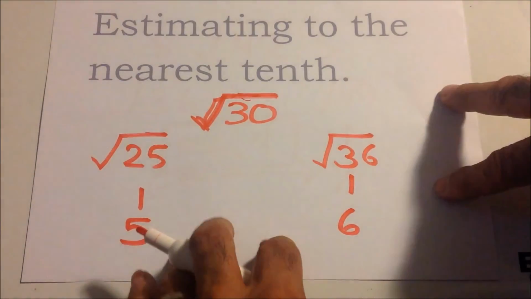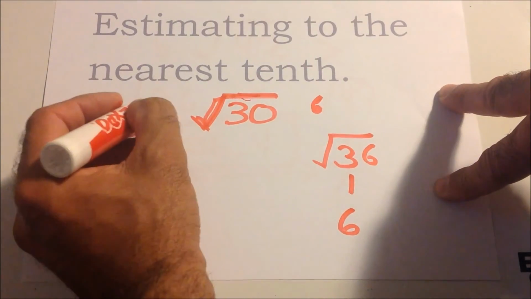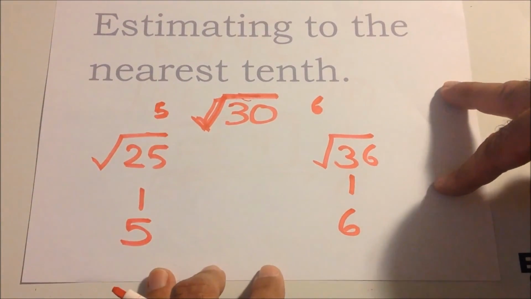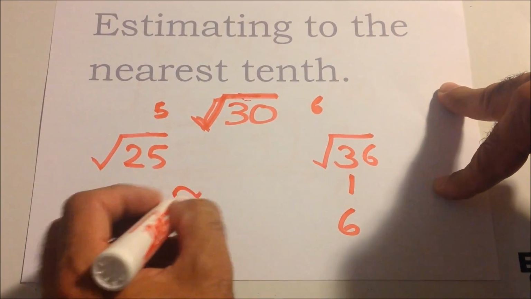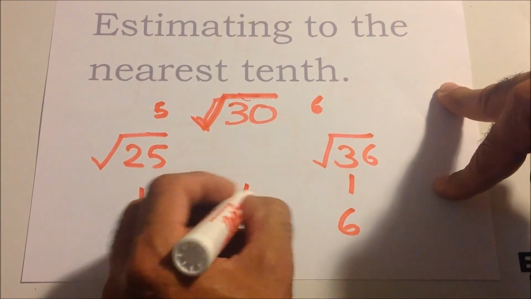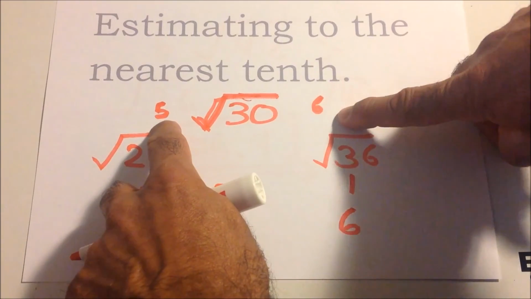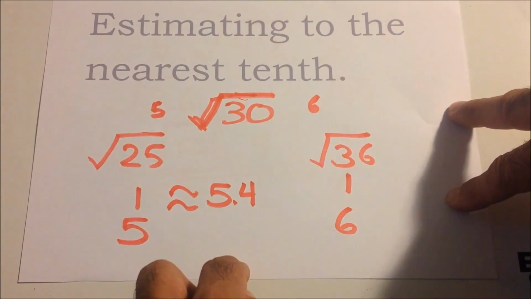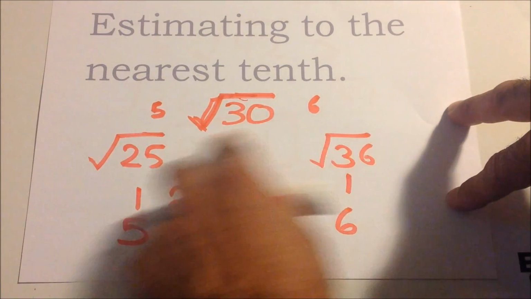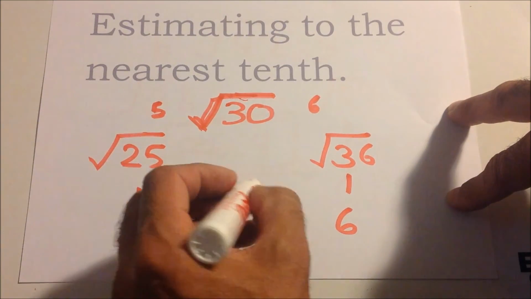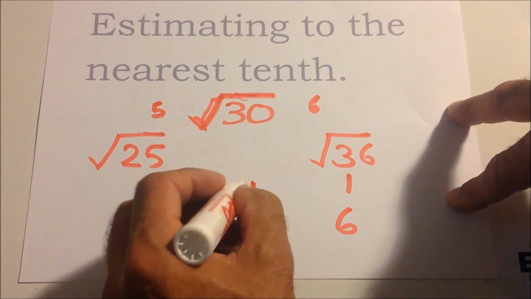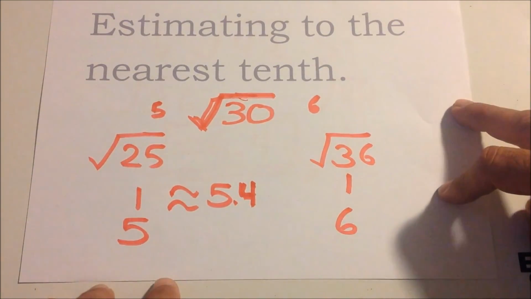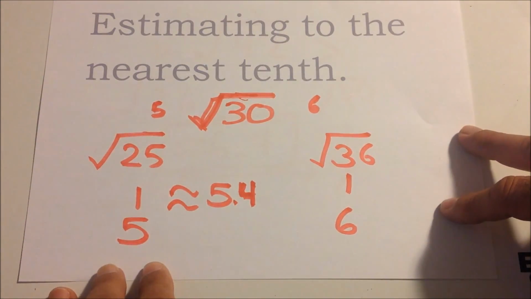So it's 6 away from 36, but it's only 5 away from 25. So again, we can roughly say it's about 5.4, because it's almost half. If it was half, we would say 5.5, and if it was more than half, we can say 5.6 and so forth. Just use your judgment.